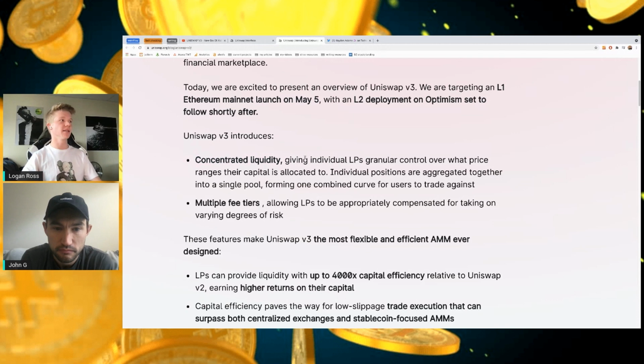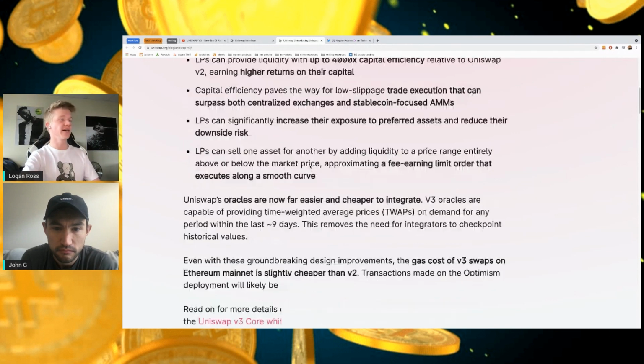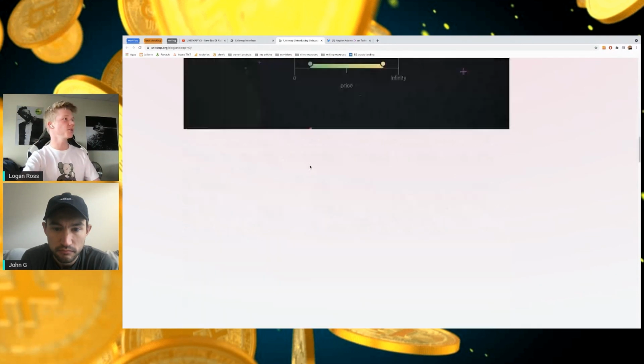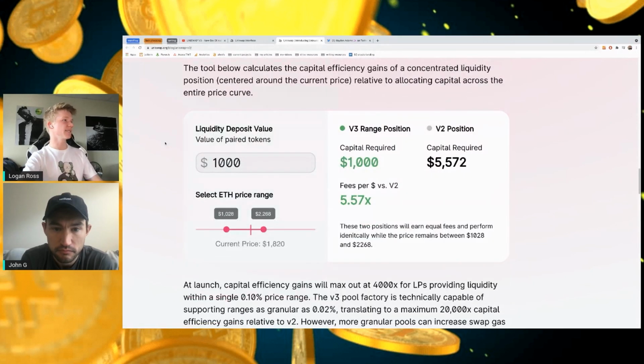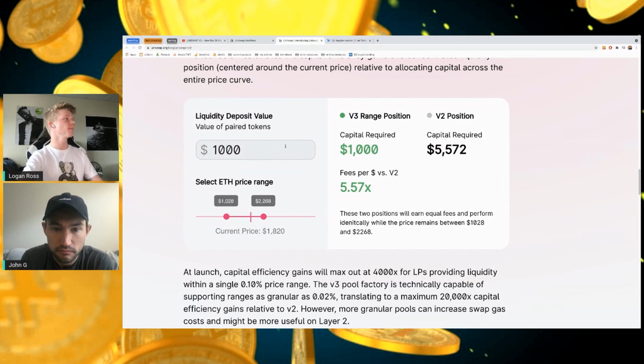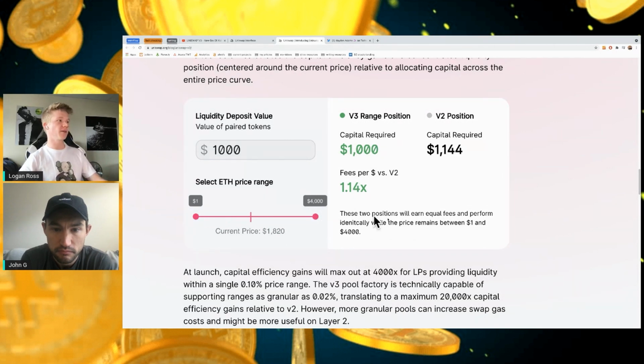So what this does is it allows liquidity providers to provide liquidity only at a certain range along the price curve. So I'm going to head down to this example that they have built into their website here. Typically in Uniswap V2, you would provide liquidity for the entire price curve, even going out to infinity.